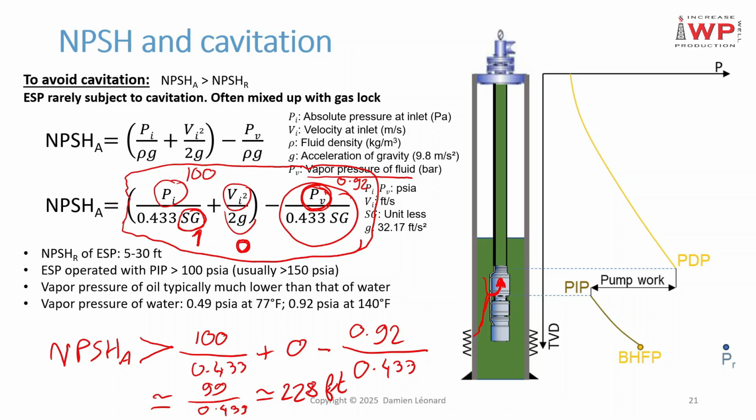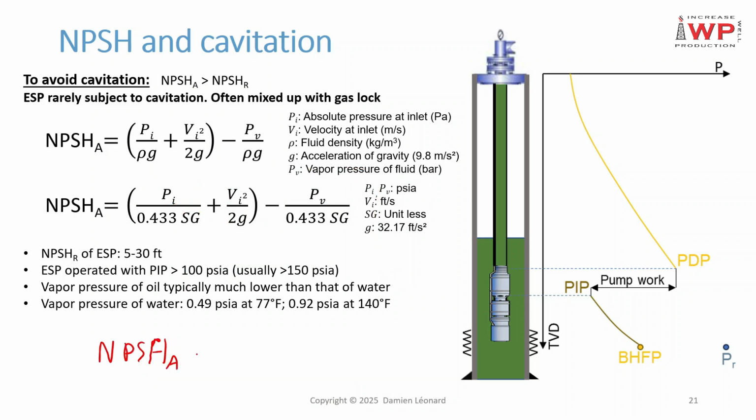So by being very conservative this way, considering that I am operating my ESP with a very low pump intake pressure of 100 absolute psi, I know that my available net positive suction head is going to be higher than 228 feet. And as mentioned over there, the required NPSH of an ESP typically ranges between 5 to 30 feet.